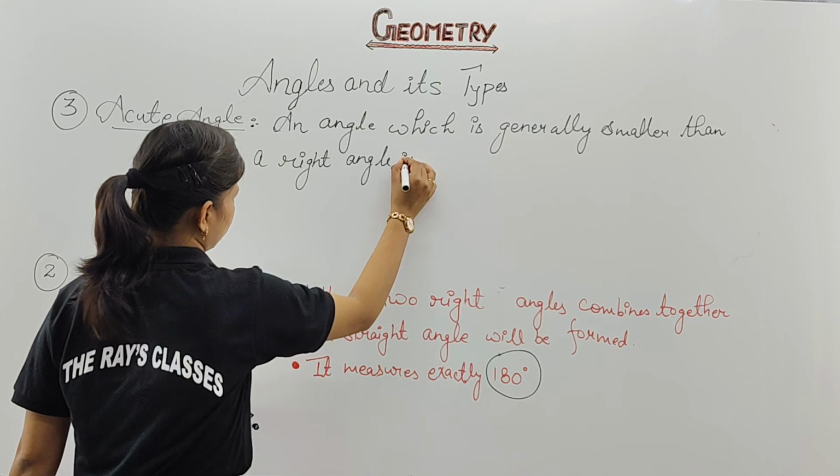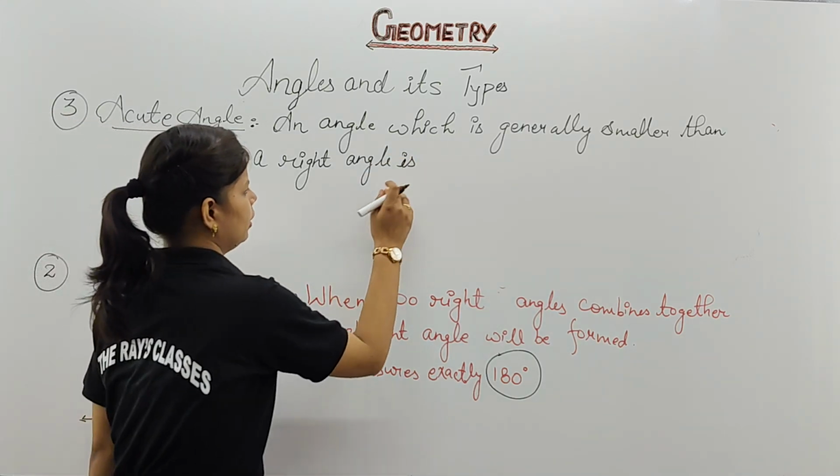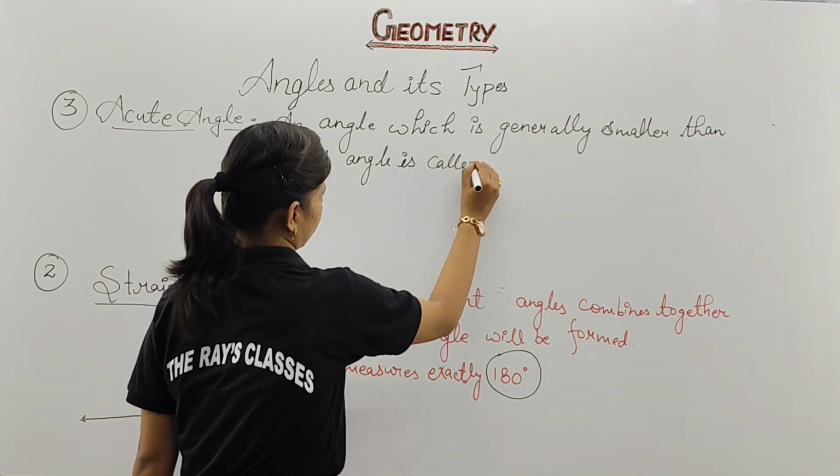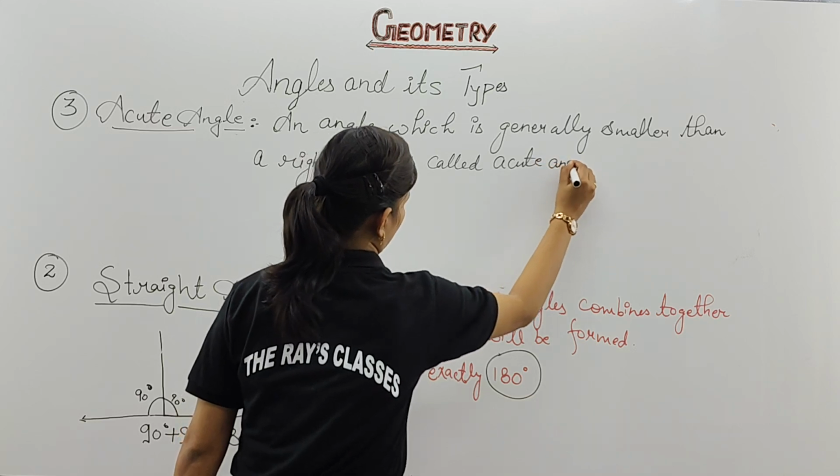Here definition is least important. Basically the most important thing is your values, at which point it ranges.